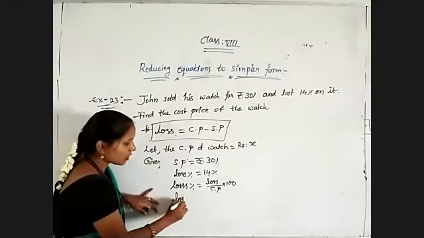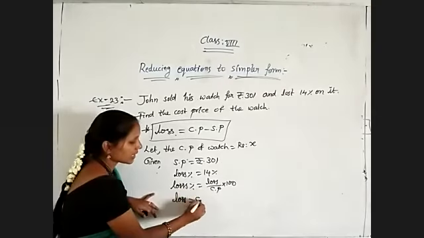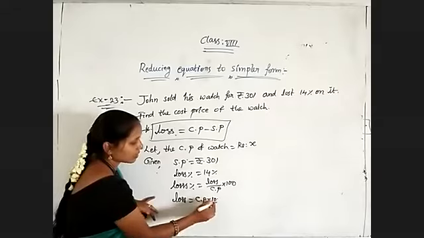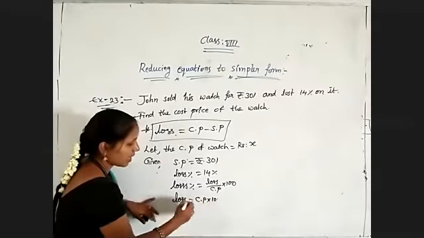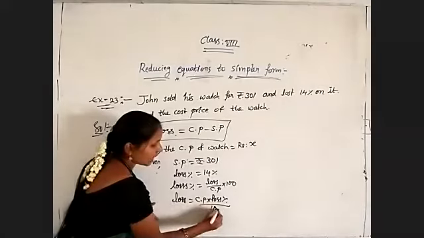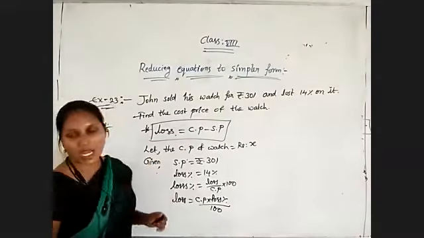Loss is equal to, bringing this CP from the denominator to this side, CP into loss percent by 100. That is nothing but loss percentage of CP is equal to loss.